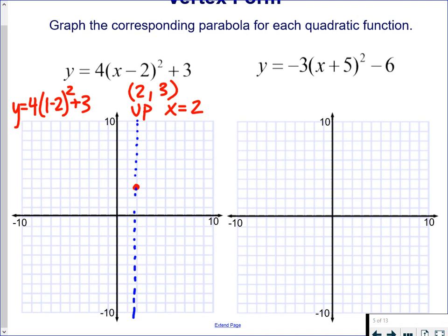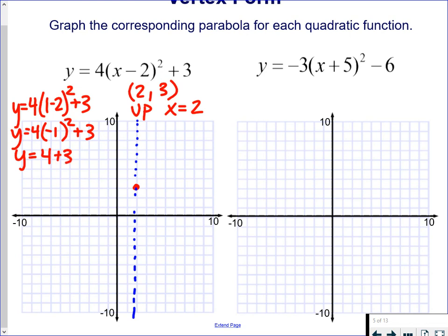So, let's do our order of operations. 1 minus 2 gets me -1. -1 squared gets me 1, times 4 just gets me 4, plus 3, which gets me 7.